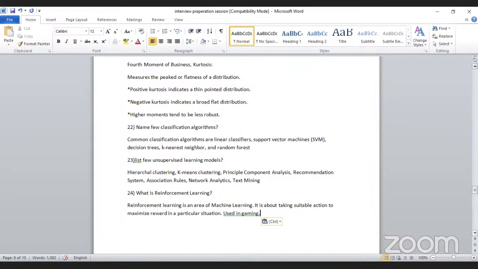So we use this in gaming. Reinforcement learning is used in gaming processes.